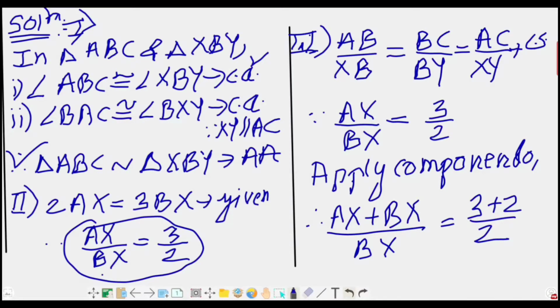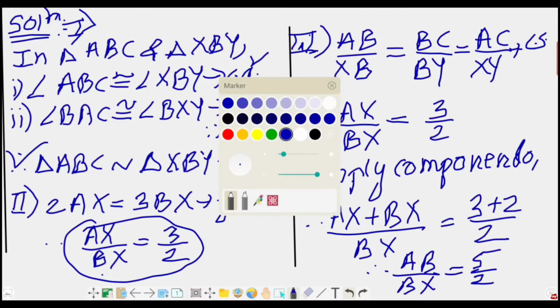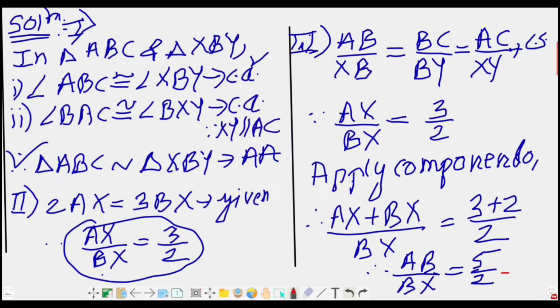Now your AX plus BX together will give you AB. BX I am keeping as it is. So this ratio is 5 upon 2. Just concentrate on this side. This is one of the ratios only. So all my ratios will be equal to 5 by 2 only in this triangle.